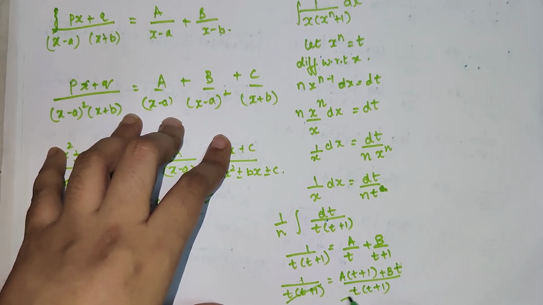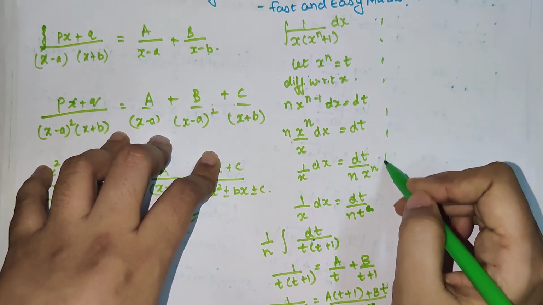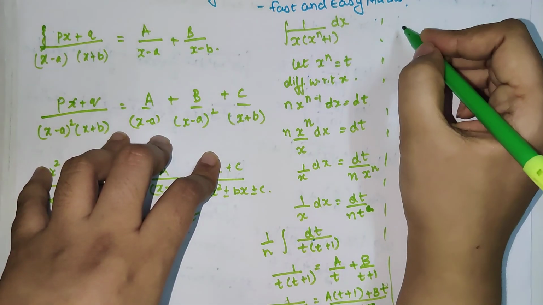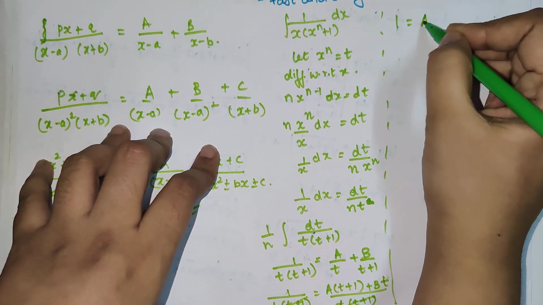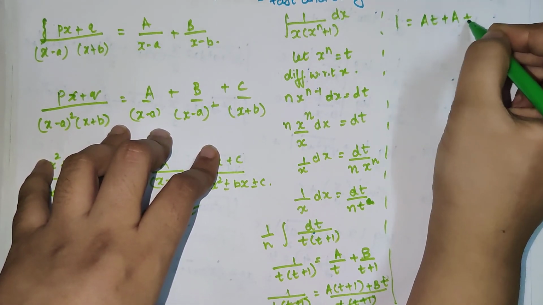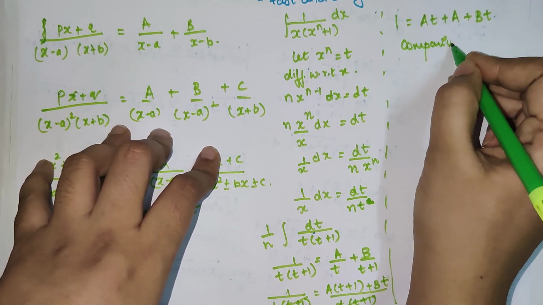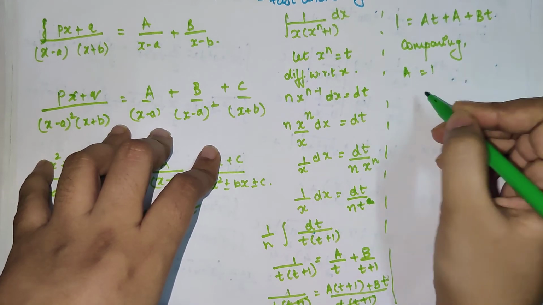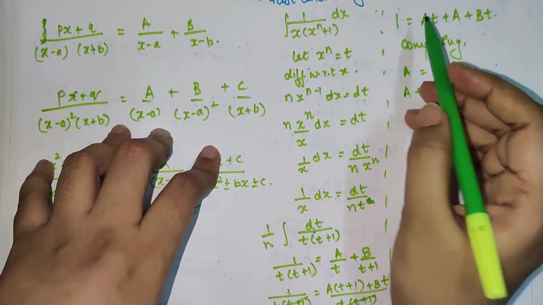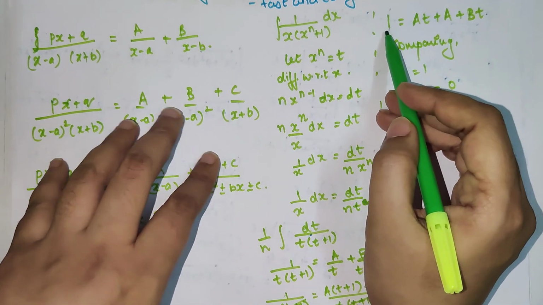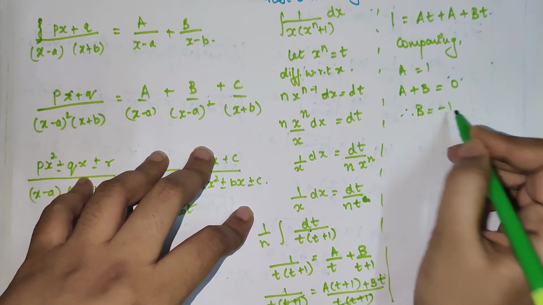Since the denominators are same, I can directly cancel them out. So 1 is equal to a t plus a plus b t. Now comparing the coefficients, a is equal to 1 and a plus b is equal to 0, because there is no value of t on this side of the equation. So if a is 1, therefore b is equal to minus 1.